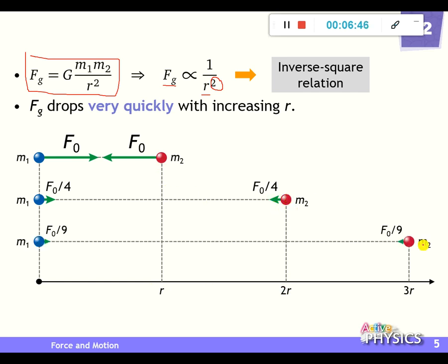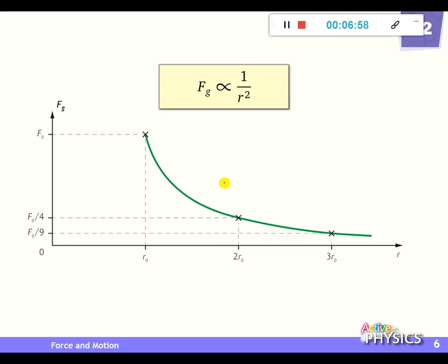And for 3 times the separation, it should be 3 times, but we make it a square, which means 1/9. Finally, linking them together is not a straight line but a curve. In mathematics, this is 1/r square, and we also say that this is the inverse square law.